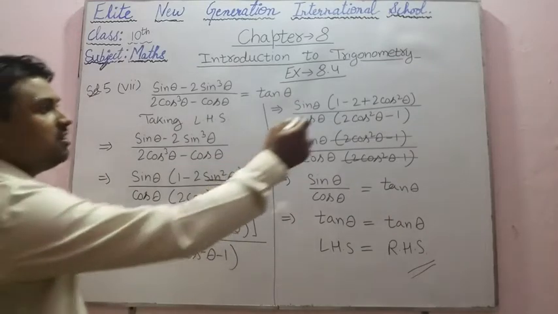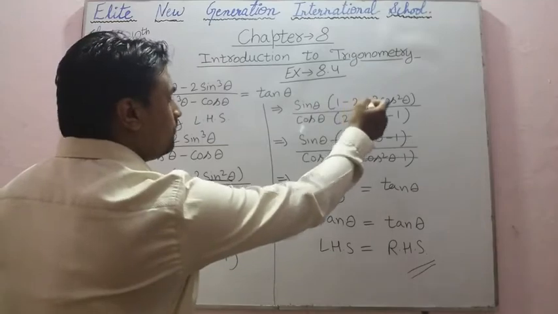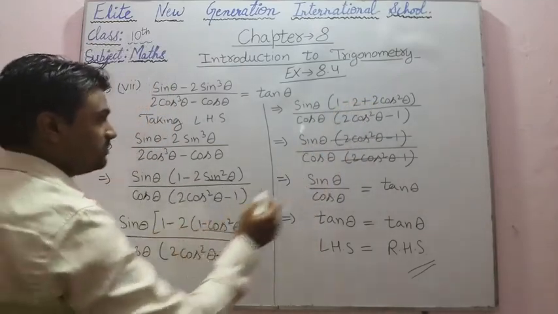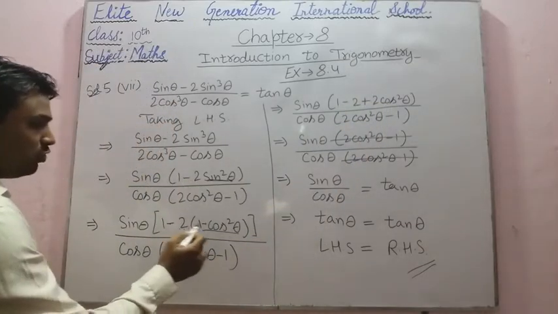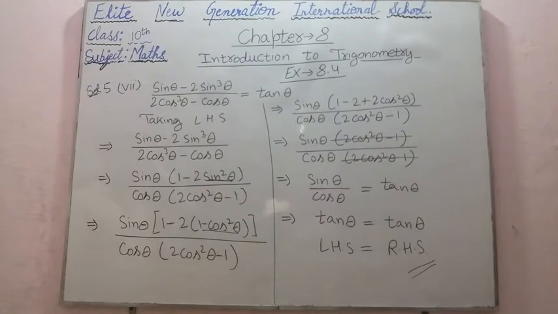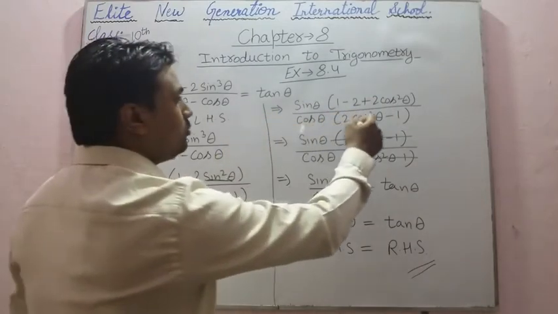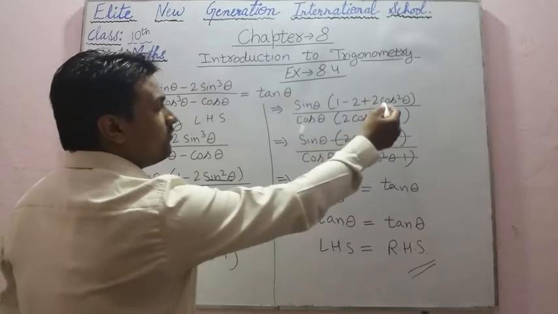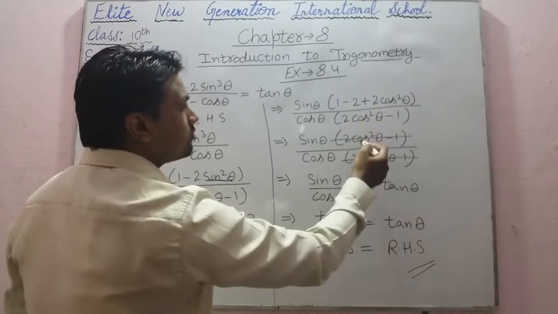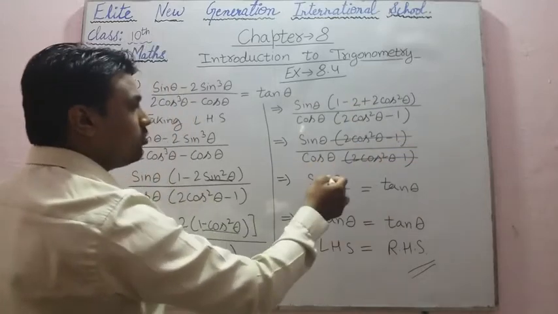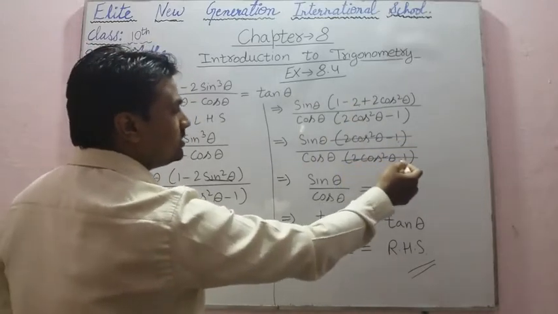So here it will be 1 minus 2, here minus 2 into 1 will be minus 2, then minus minus becomes plus, and 2 into cos square theta will be 2 cos square theta. Upon cos theta in bracket (2 cos square theta minus 1). So here sin theta, now first of all we can write 2 cos square theta, and 1 minus 2 will be minus 1, then upon cos theta (2 cos square theta minus 1).